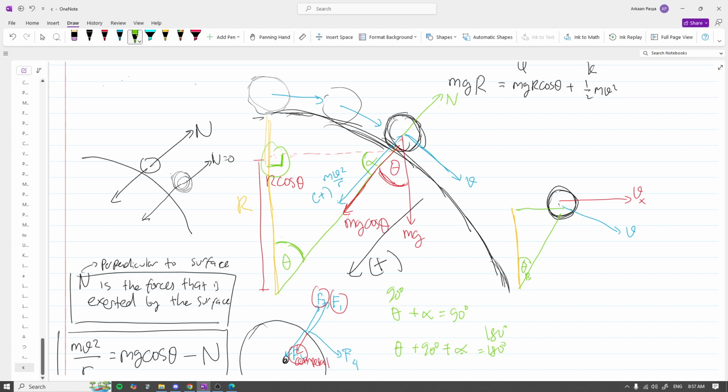To find this angle, we know this is alpha, and the v is always tangent to the circle, so it is always tangent to the line made up by the theta b. So this forms 90 degrees.